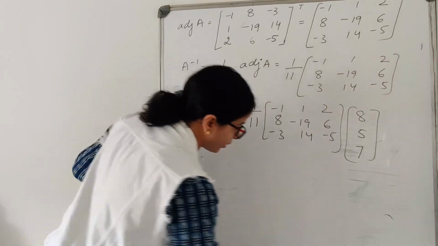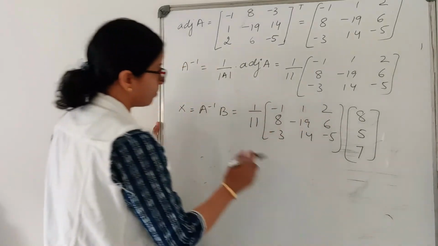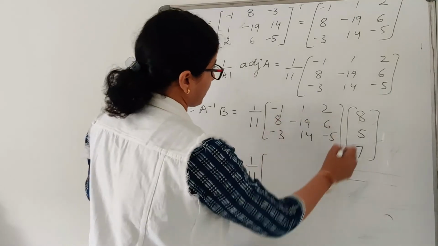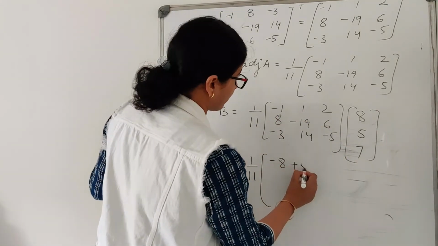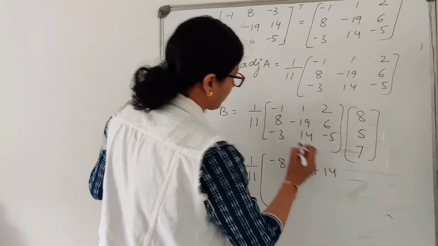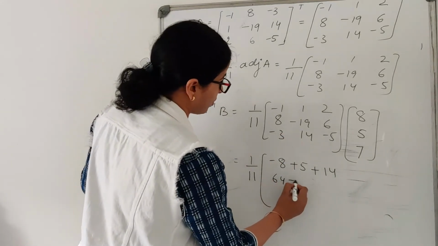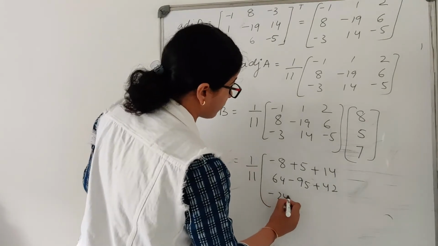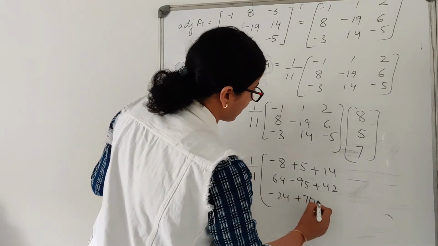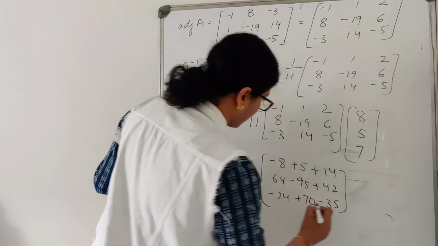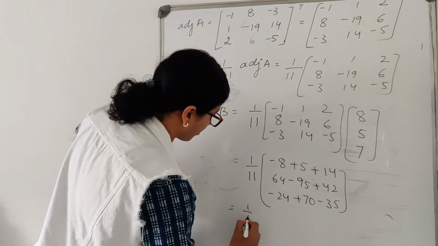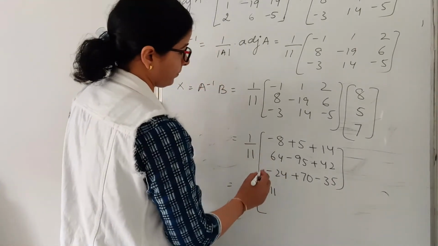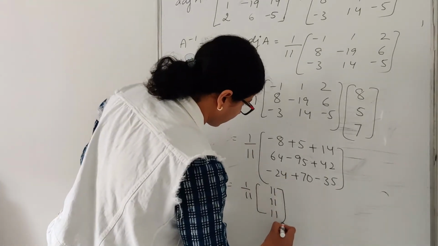Required food A, food B, food C to be merged to get a proper nutrient diet. So minus 8 plus 5 plus 14. Next is 64 minus 95 plus 42. Next is minus 24 plus 70 minus 35. Okay. So basically what I am getting is 1 upon 11 times 11, again 11, right?